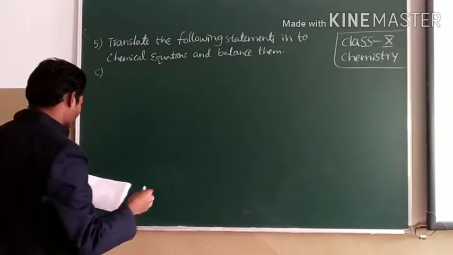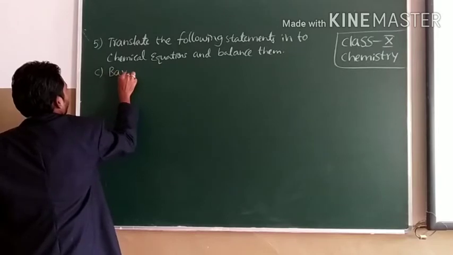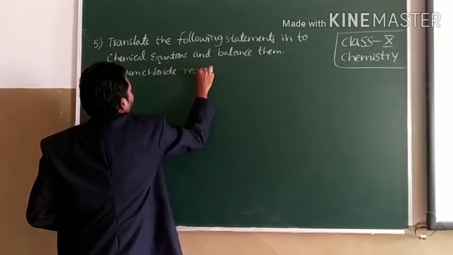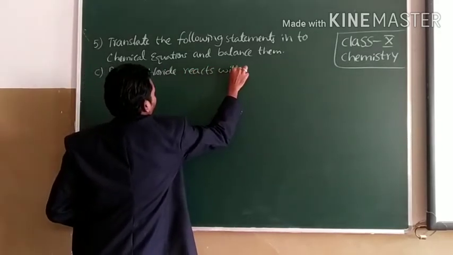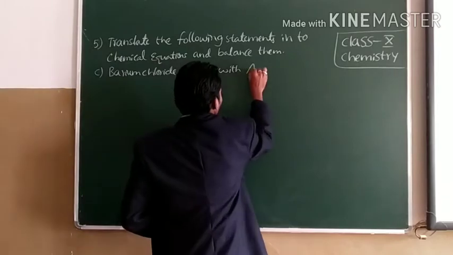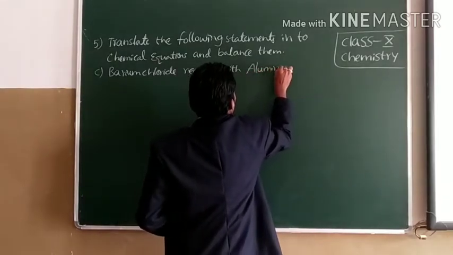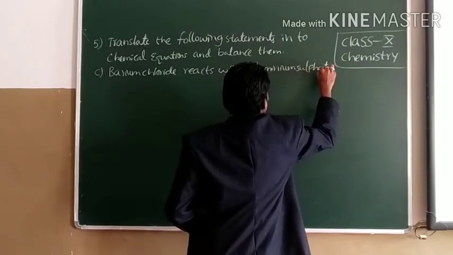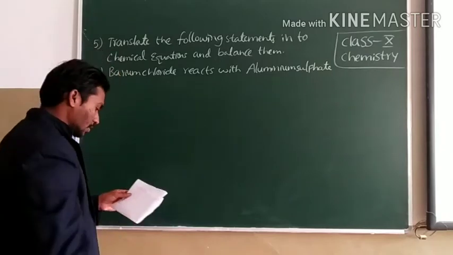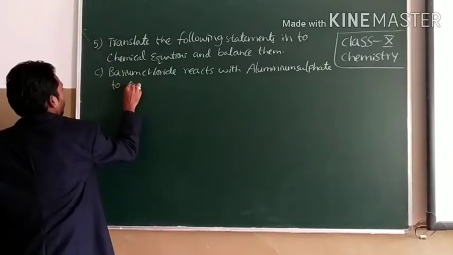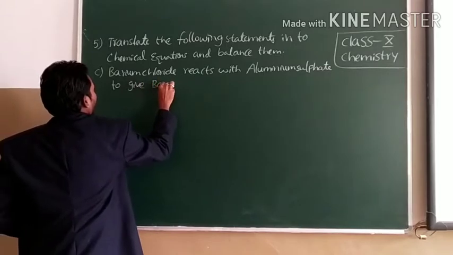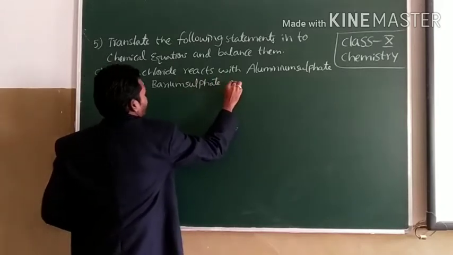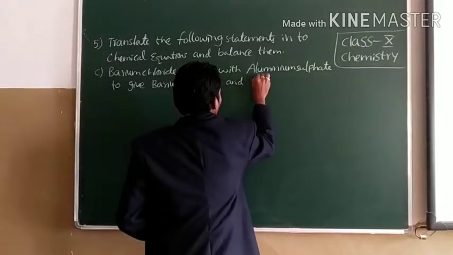C question. Barium chloride reacts with aluminum sulfate to give barium sulfate and aluminum chloride.